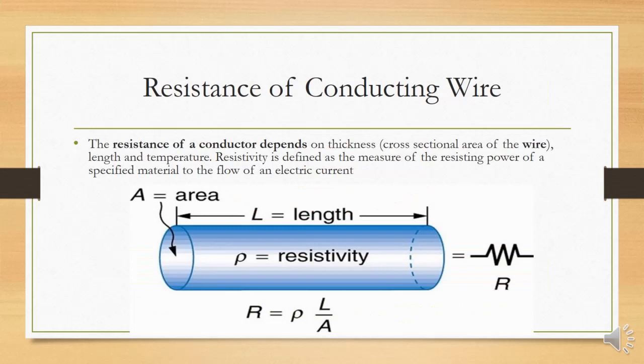Now the resistance of the conducting wire. As you know, there is a copper wire or any conducting wire, it might be thick or thin, very long or very small. So the resistance of a conducting wire depends on the thickness, the cross sectional area of the wire, the length, and temperature.